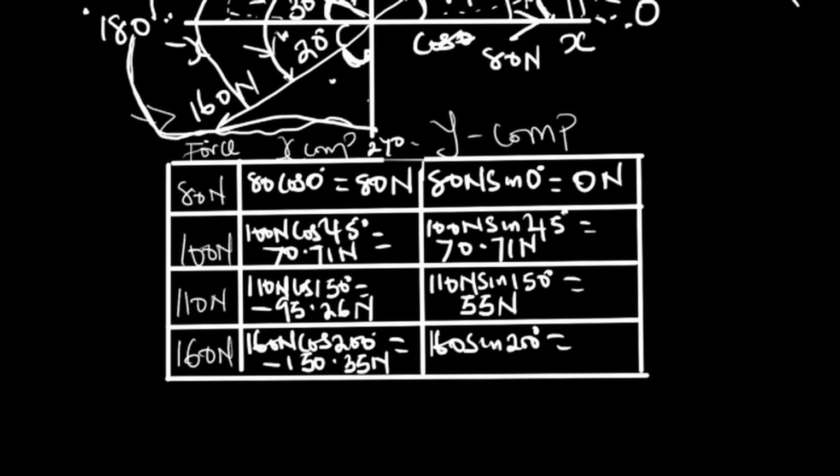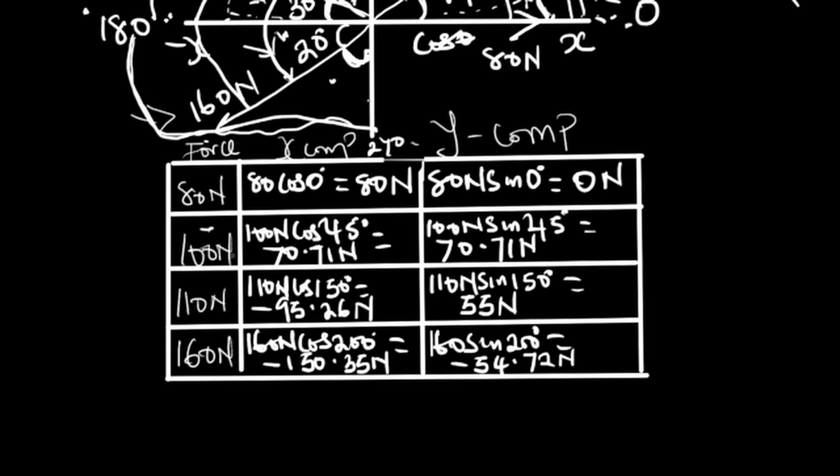And this gives me negative 54.72 newtons. All right. Let me cross-check this one to check if I'm correct. So 100 cos 45. All right, the answer is correct.